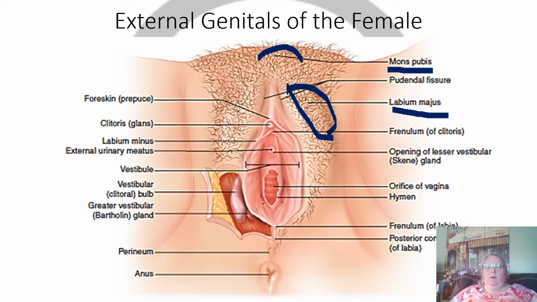The clitoris is right here. And there is a foreskin over the top of the clitoris. In some cultures that is removed. The labia minora, which is your inner folds here.